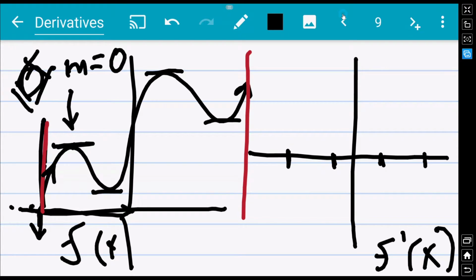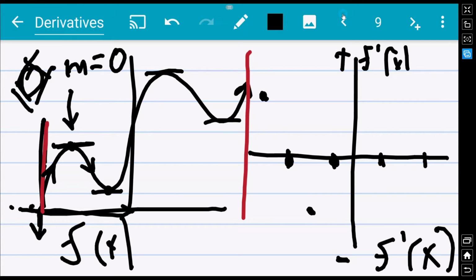It's in the positive part of this f prime of x, of this derivative. Now here, between this 0 and this 0, it's going down. So that means it's going to be under 0. It's going to be negative. I'm going to put f prime of x here. I'm going to say this is positive and this is negative. So we got this point here, and these 2 points.